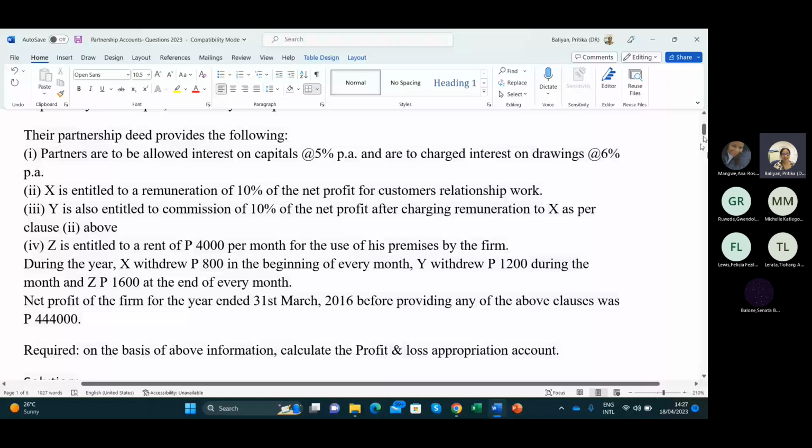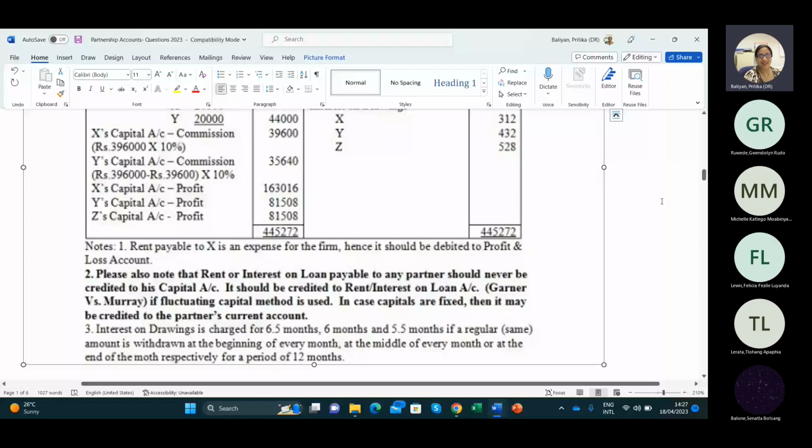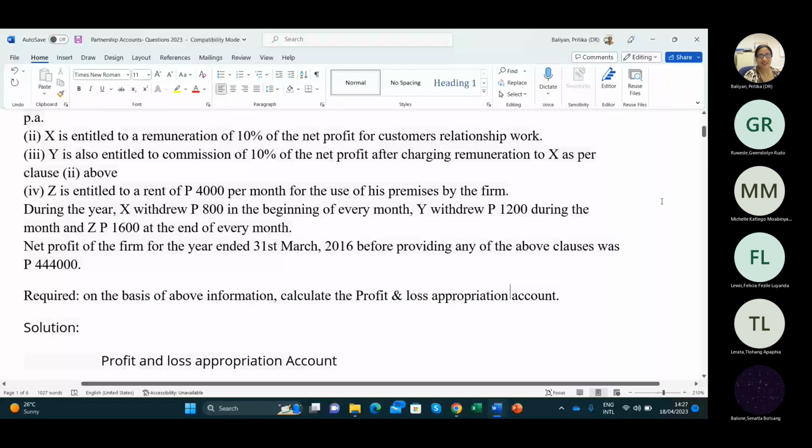It says 10%, okay. X is entitled to the remuneration.